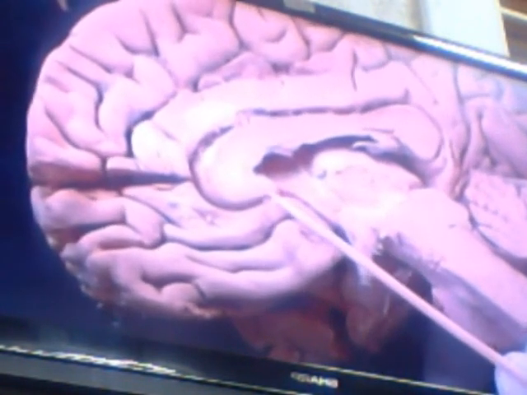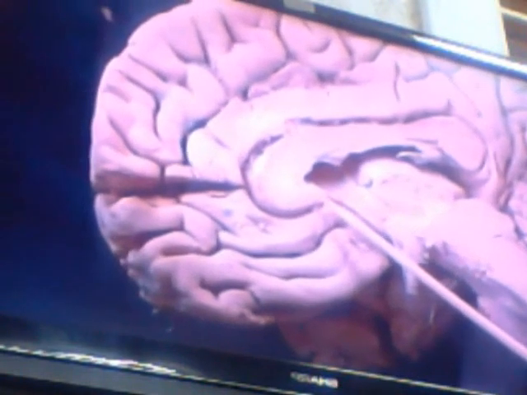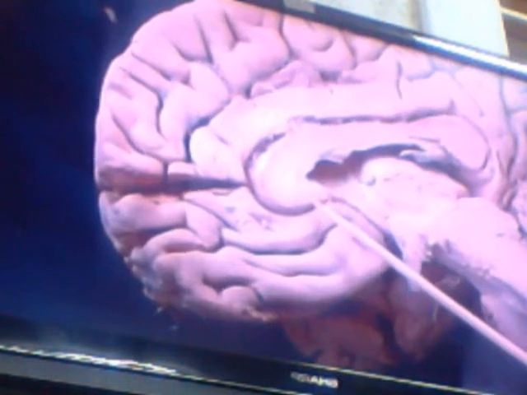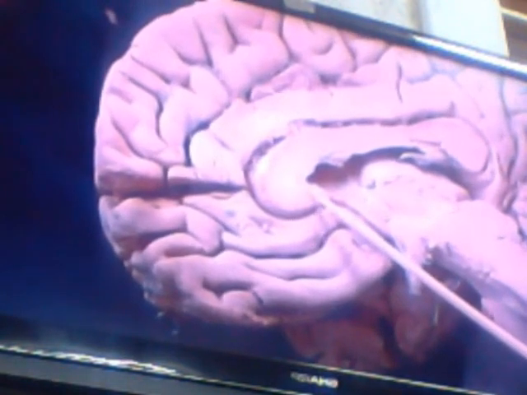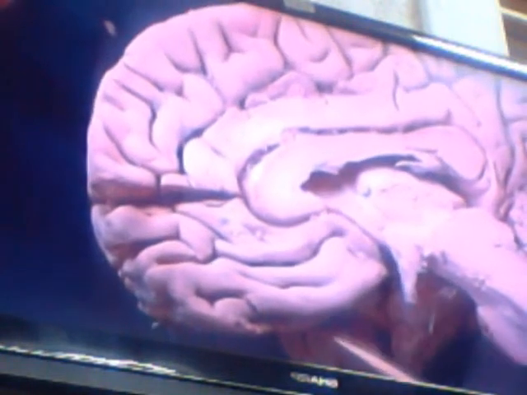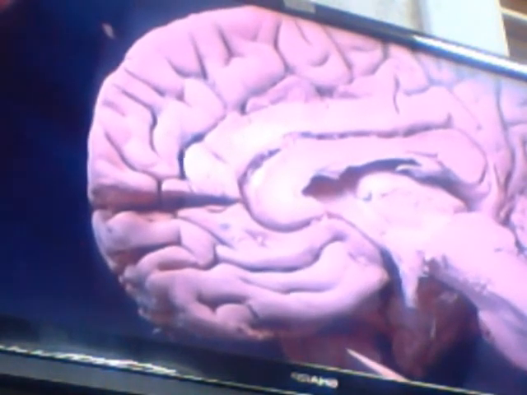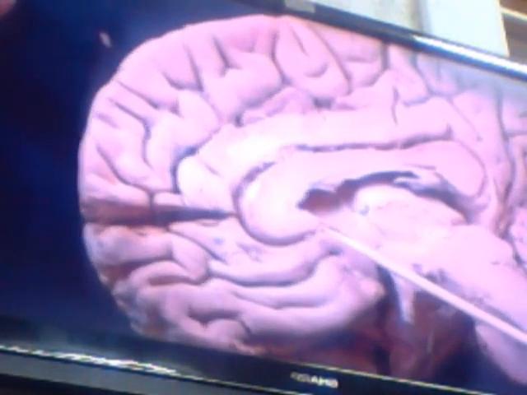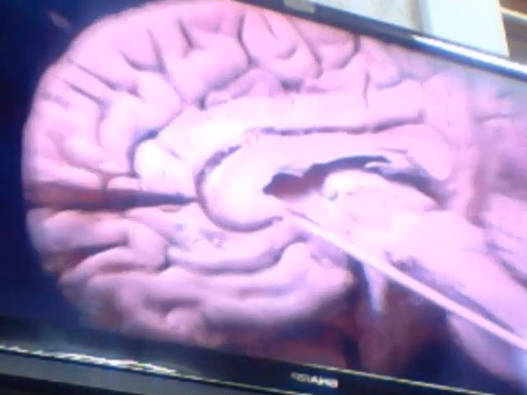And then when you pass the genu, there is a section where the corpus callosum becomes very small very quickly. You notice that? Look here. It is coming very small, very acutely.